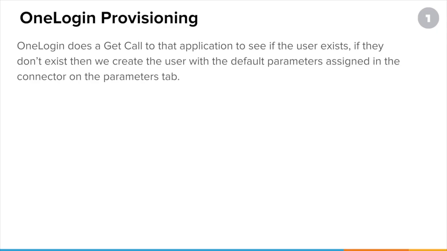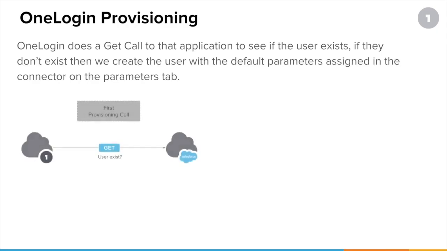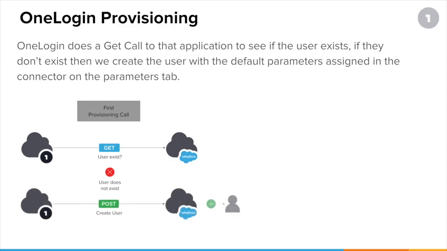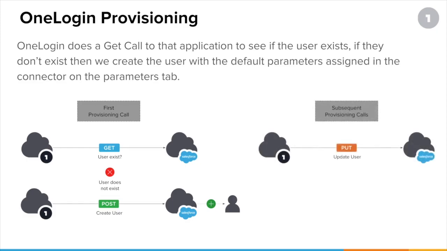So provisioning checks to see if the user exists first. If they don't exist, then it goes and creates them. Subsequently, whenever a user is updated within OneLogin, it sends updates over to the user record within the application. Again, it's going to update whatever fields you map over, those fields from OneLogin, standard fields or custom fields that you've created.